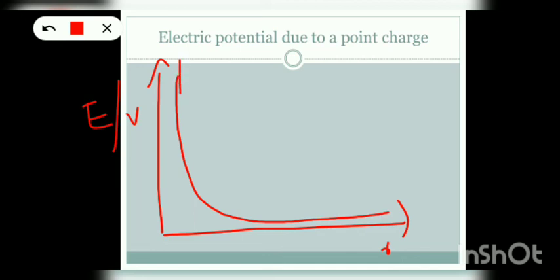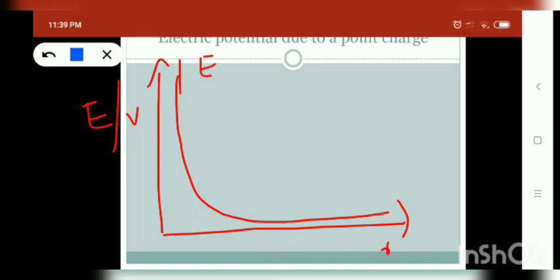This is the graph for electric field. And for potential, let me use another color. This blue represents the graph for potential. From this graph it's very clear the electric field graph is steeper than the potential graph, which means it depletes faster than the potential.